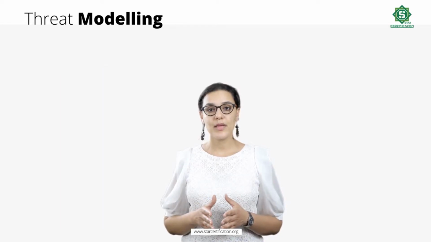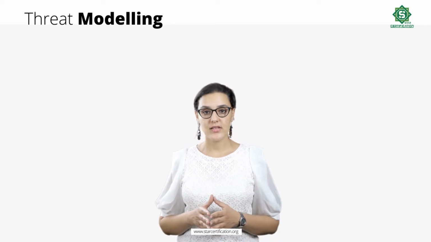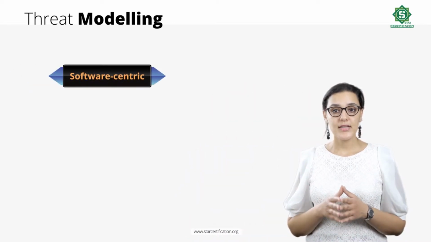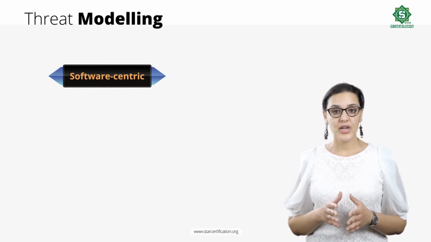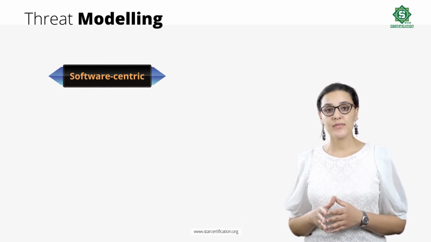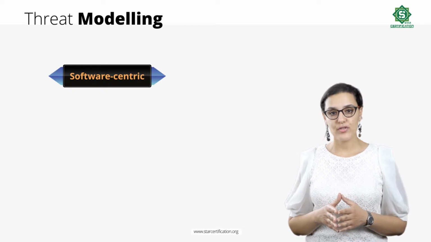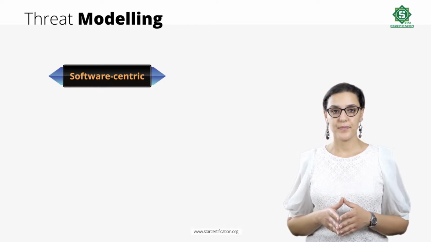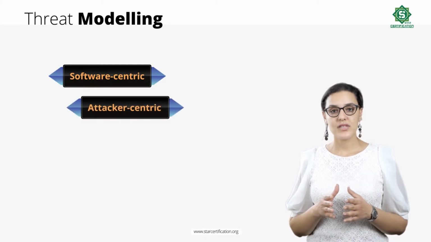Threat modeling can be approached in three different ways, which are software-centric. In this approach, data flow diagrams and use case diagrams are designed to define the threats to each component and ways to mitigate it. Attacker-centric.